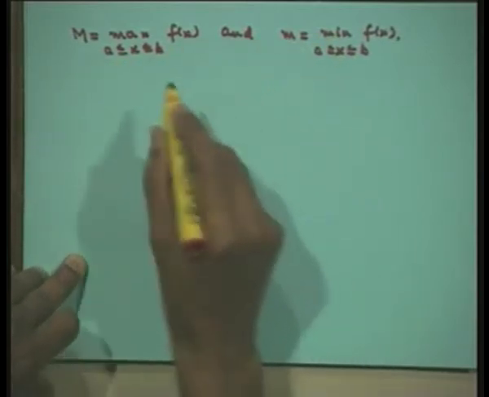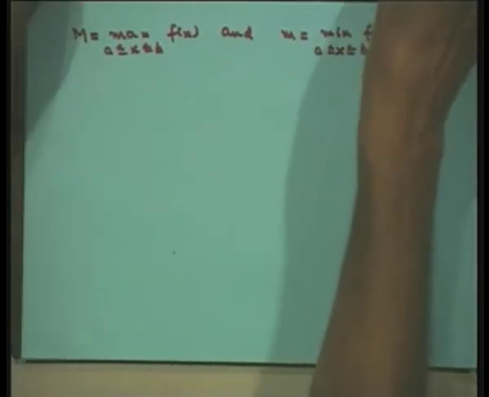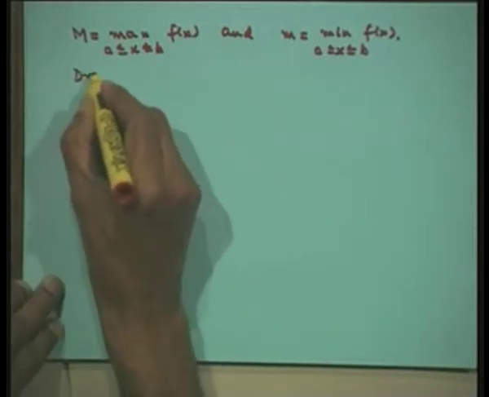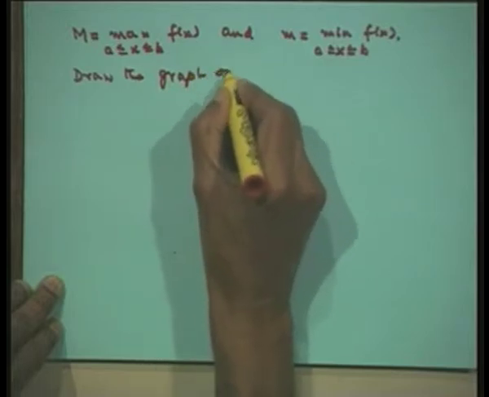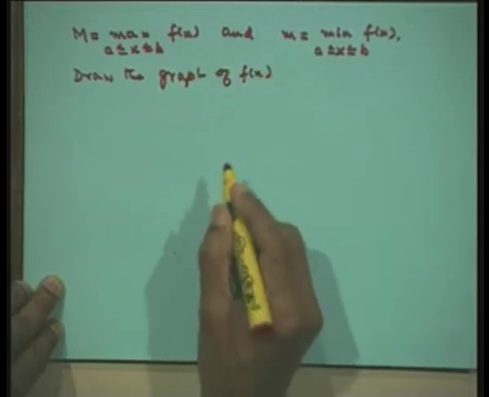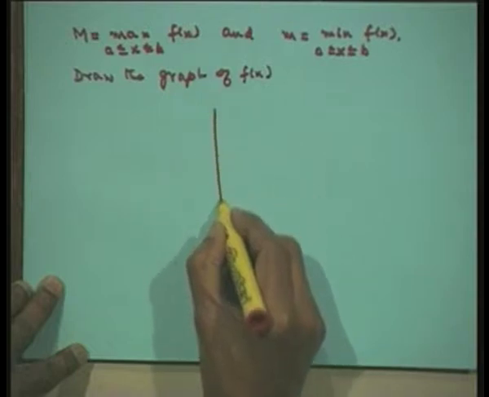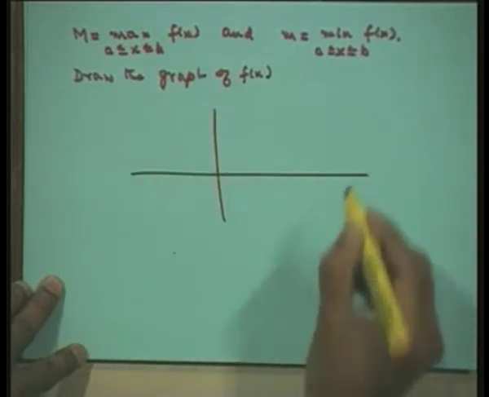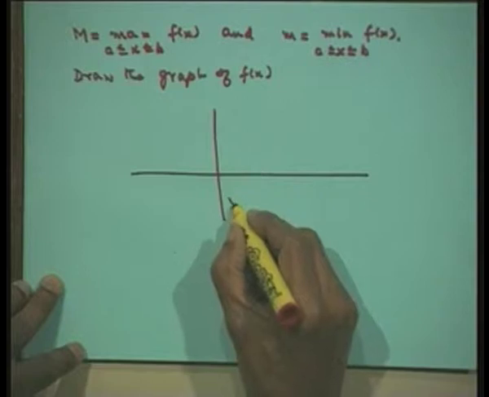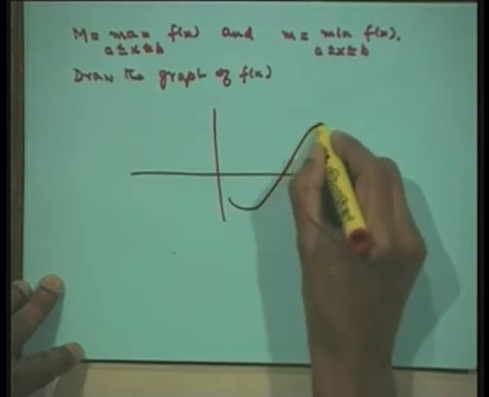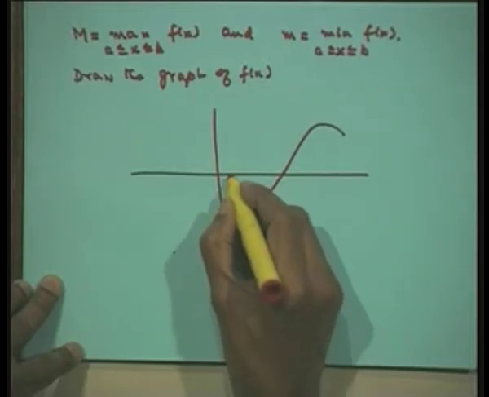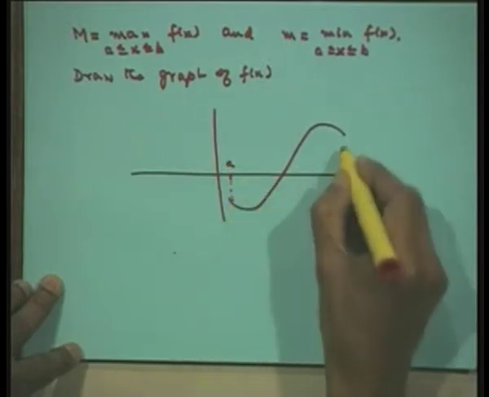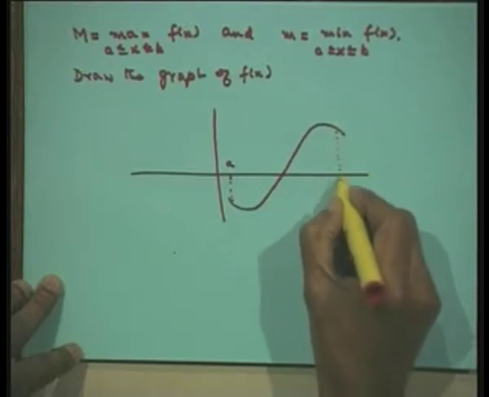Now, to understand it, let us first draw the graph of the function f x. Let us take this point as a and this as point b.